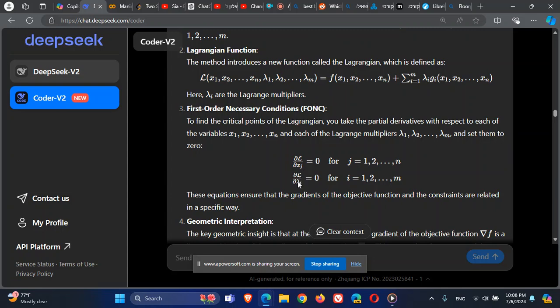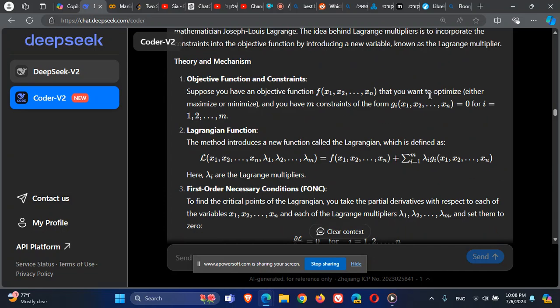Taking the derivative in regard to each Lagrange multiplier will just give me the constraint when it equals 0. This is why we should take every constraint and change it such that it will be something equals 0.